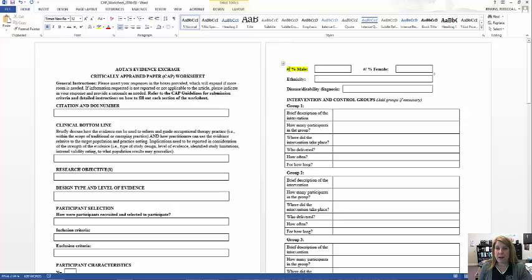So you have 15 males, 15 females, or whatever. If you had 30 people total, you would put 15 divided by 30, and that would be your percentage. So the number of males divided by the total number of people. Make sure you have both of those things in that blank.